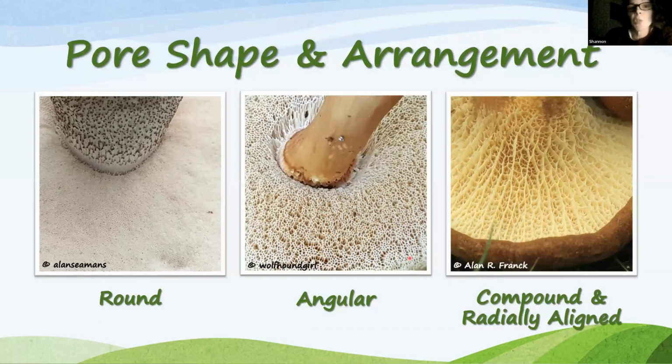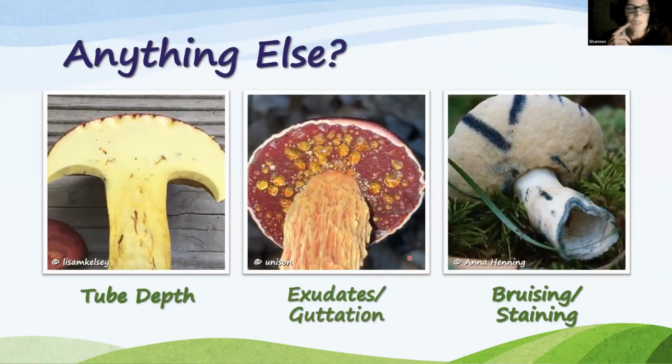The shape and arrangement of the pores is also important when it comes to boletes, whether they are round, angular, or some other shape. And in other instances, whether you have pores on top of pores, and whether those pores are scattered about randomly or radially aligned, can also help narrow the possibilities. And just like with gilled mushrooms, there's always a little bit more to consider.